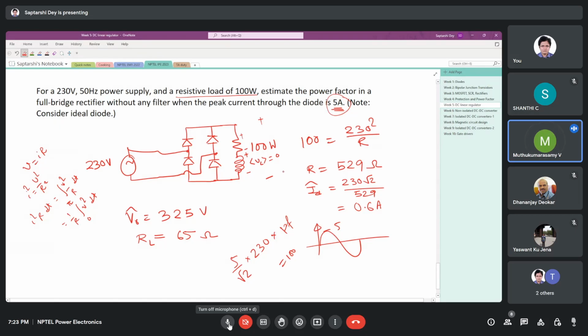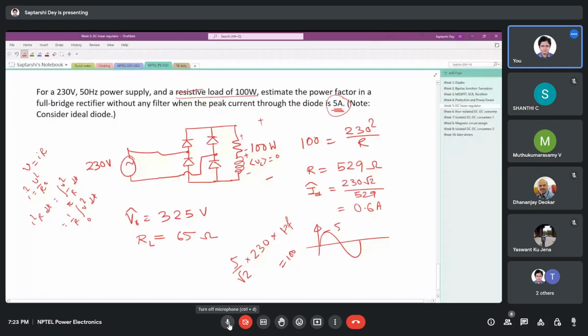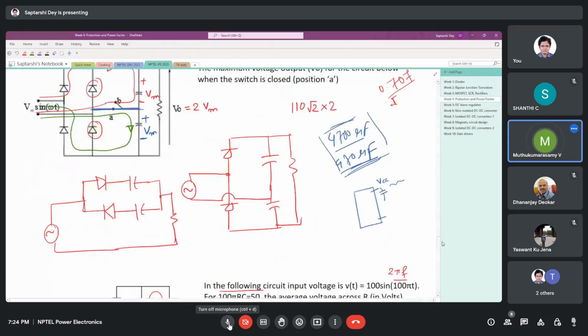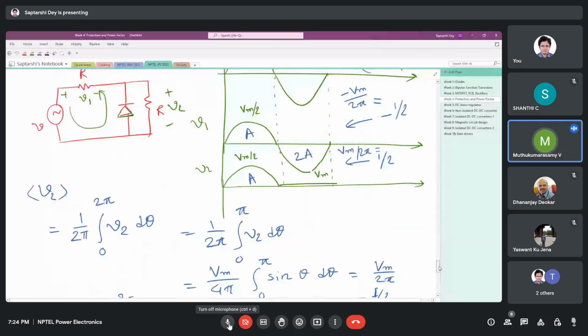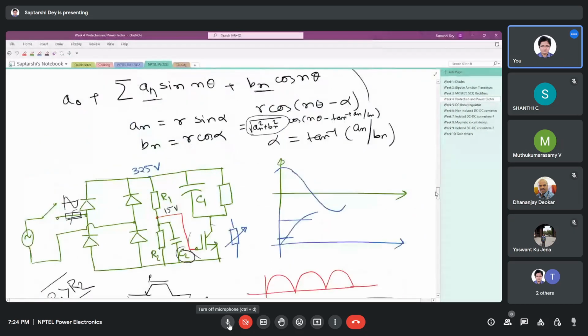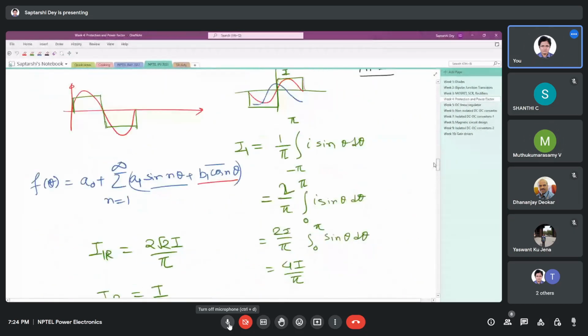I think if the word resistive is removed from the question, this can be done. Some load. But actually, when you remove resistive, this current no longer remains sinusoidal. We discussed last day, remember? Yes, sir. If you have very large inductance, it becomes square.